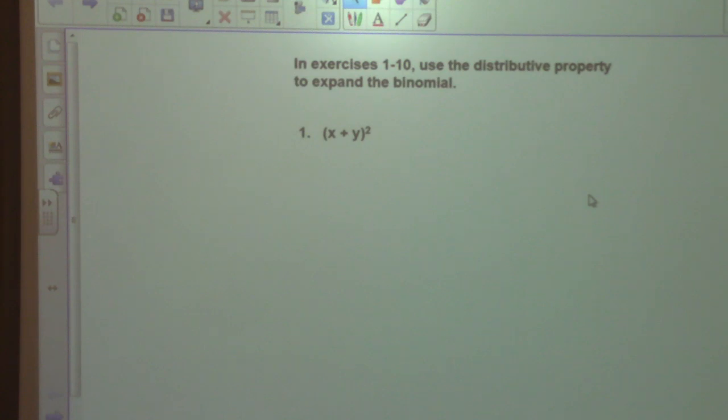In this section, the first thing we're going to look at is binomial expansion. And then next week we're going to look at sequences and series.